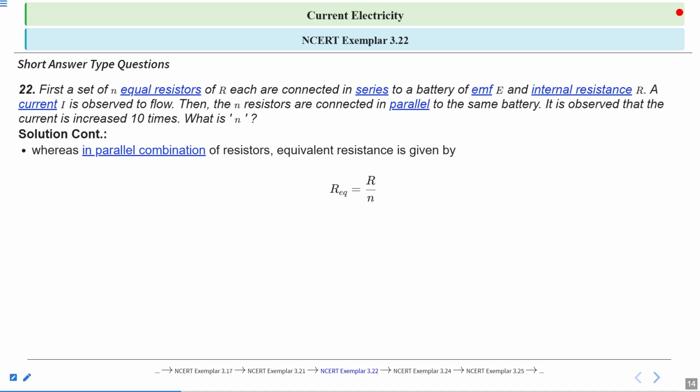It is known that if N equal resistors of resistance R are connected, R equivalent is NR for series and R by N for parallel.